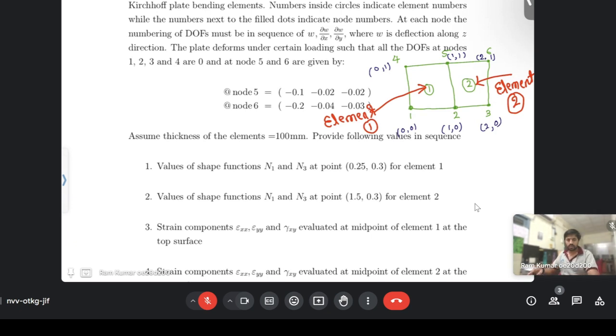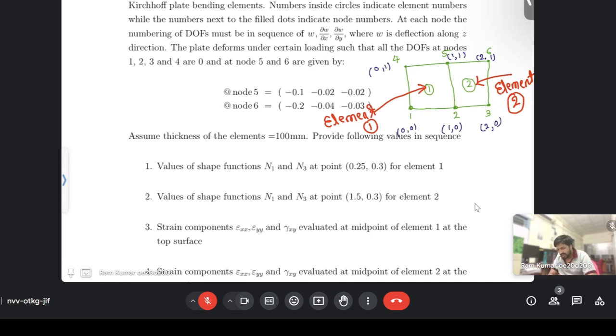We are having 2 elements. The number inside the circle indicates element number, while the number next to the filled dot indicates node number. So node 1, node 2, I will write here.